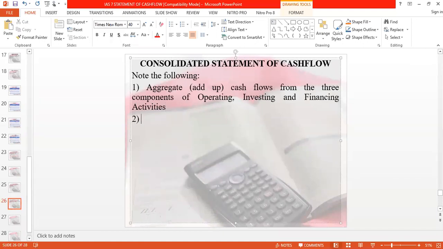The second point that I want us to learn: you need to prepare individual cash flows if they have not been prepared, and then you consolidate.